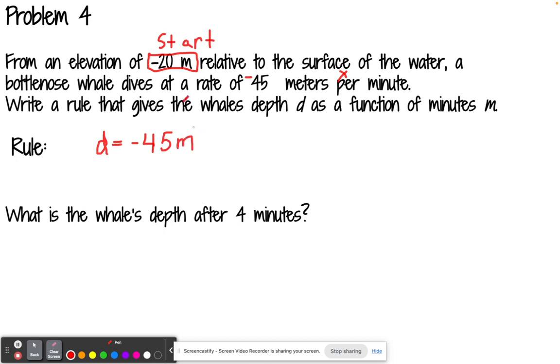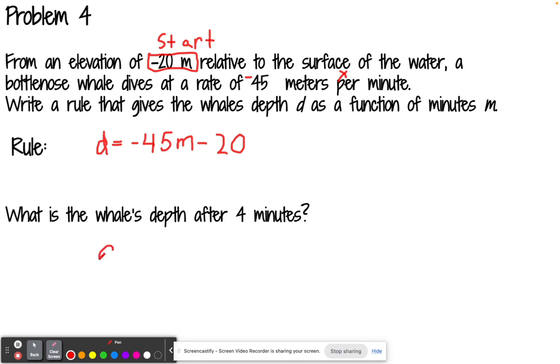But it started at negative 20 meters, so minus 20. Sometimes writing it the other way makes more sense, but we just want to be in the habit of writing in this format. But this says we started at negative 20 and we're going down 45 meters every minute.